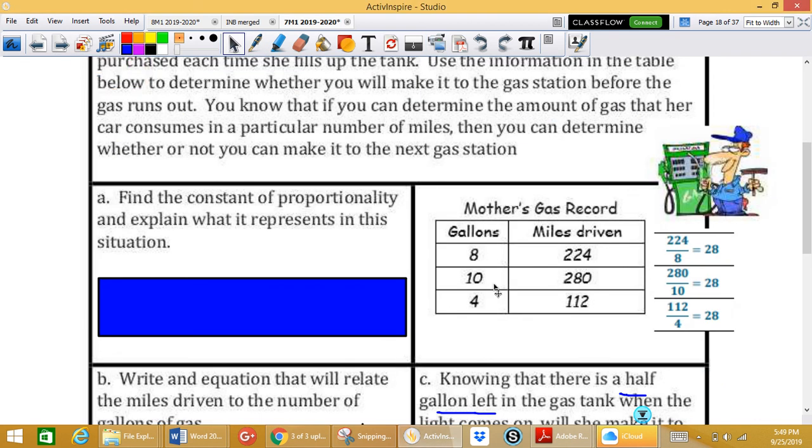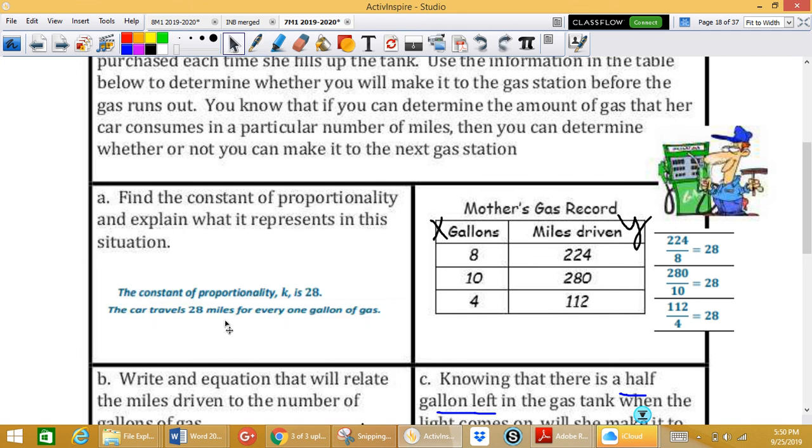If I take the gallons and the miles driven, this is my X, this is my Y. So if I take my Y divided by my X, I get 224 divided by 8, 280 divided by 10, and 112 divided by 4, which gives me a K of 28. So the constant of proportionality is 28, and the car travels 28 miles for every 1 gallon of gas.